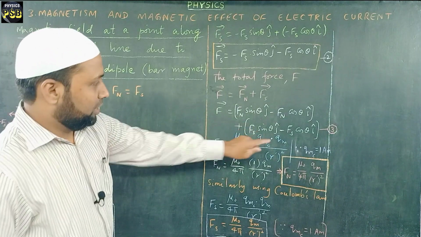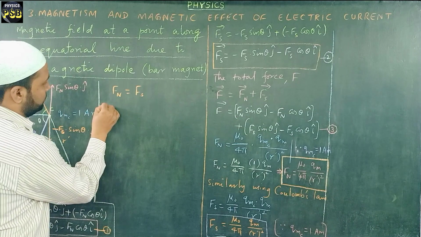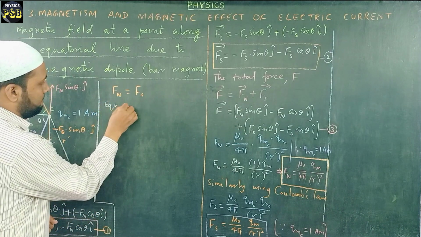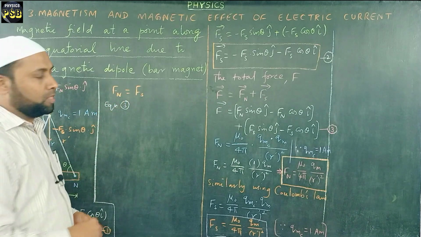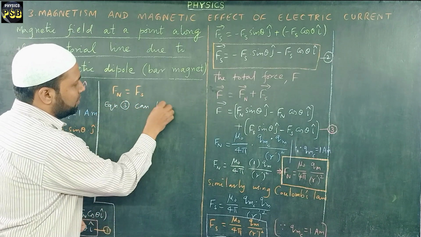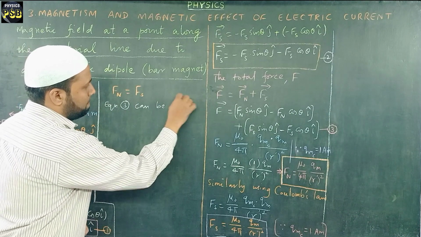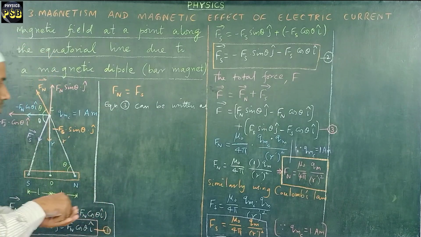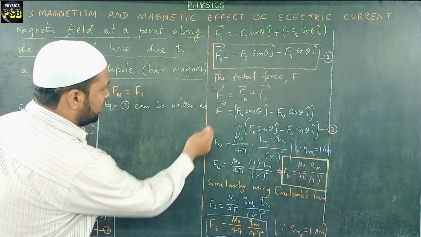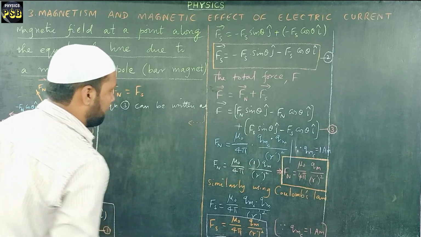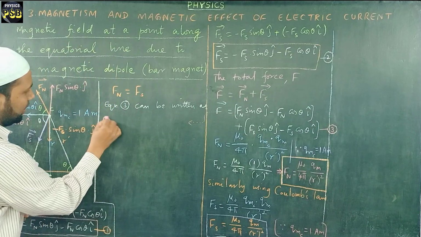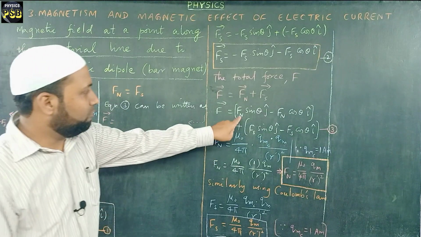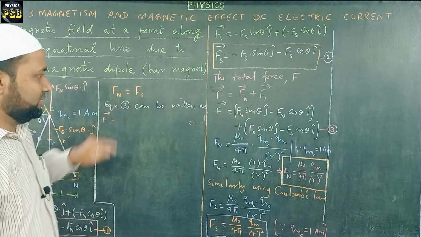So, equation 3 can be written as F vector equals, wherever I have Fn, I am going to replace this with Fs.